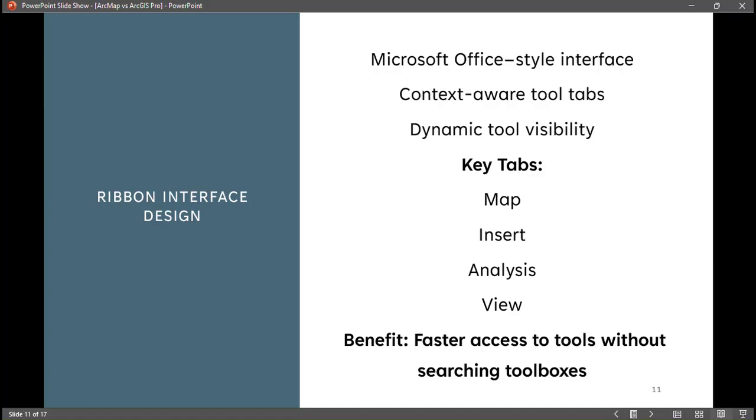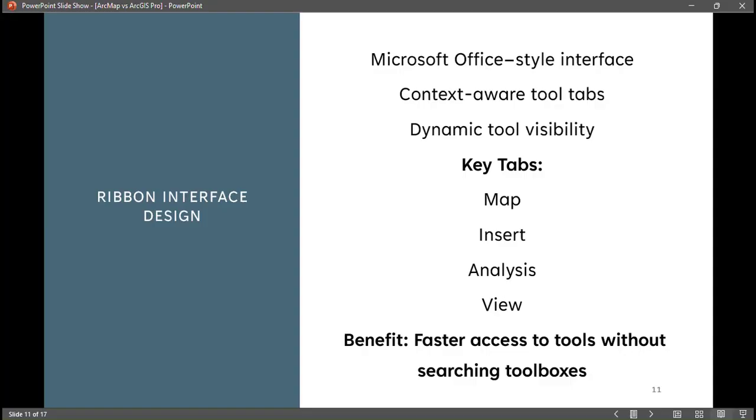You will find that everything is grouped under these tabs. Under these tabs, we have the Project tab, the Map tab, the Insert, Analysis, View, Imagery, and so on. These are the major key tabs.